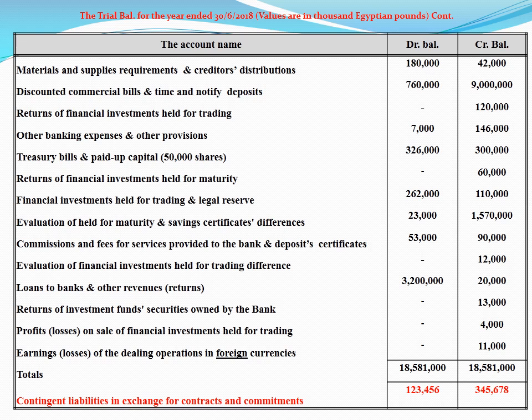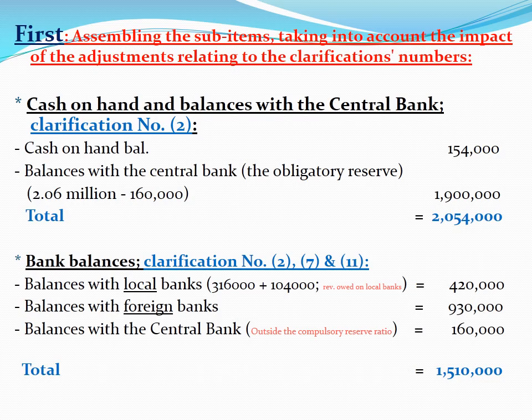What are the different adjustments I have and how to prepare the three steps? The first one, assembling with the adjustments, then preparing the income statement and the financial position statement, then the different clarifications. At the book, please. Regarding the trial balance, because I can't go back to the trial balance in the slides for the video we are preparing, your trial balance is in page 243, the adjustments 244.